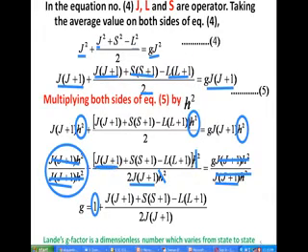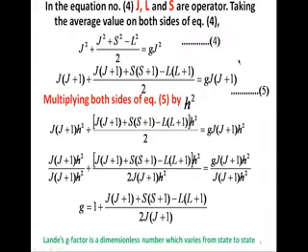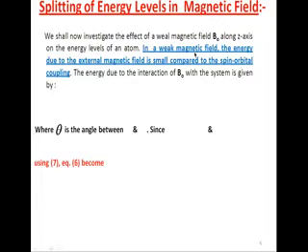Here J into J plus 1 remains as such, S into S plus 1 remains as such, L into L plus 1 remains as such, over 2 J into J plus 1. That is equal to g. So it is written on the left side. Let us designate this equation number 6. This is the Lande g factor, which is a dimensionless number, and it varies from state to state. So that is about the Lande factor.